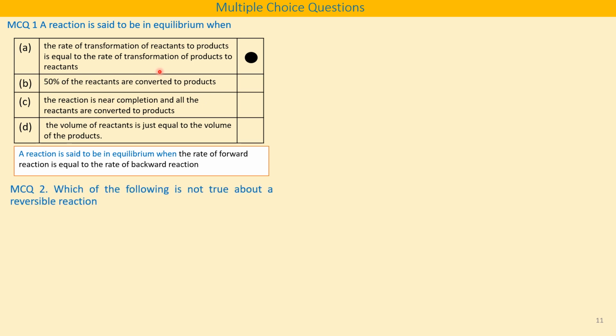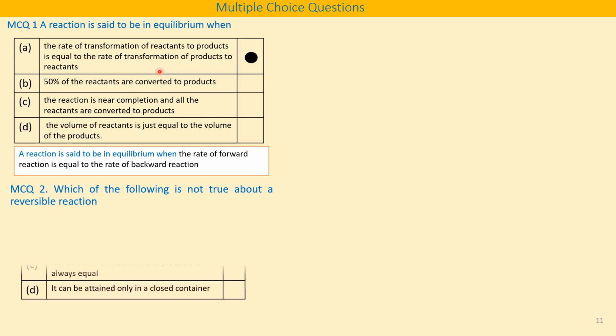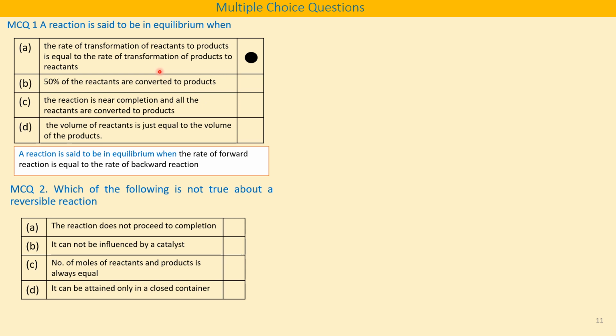Which of the following is not true for a reversible reaction? You have to remember your knowledge of equilibrium conditions for reversible reactions. 4 answers are given. The reaction does not proceed to completion. It cannot be influenced by a catalyst.